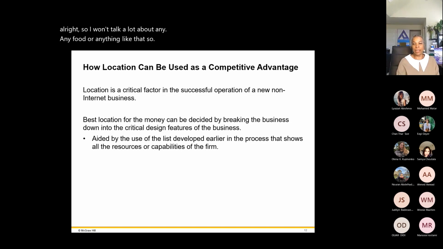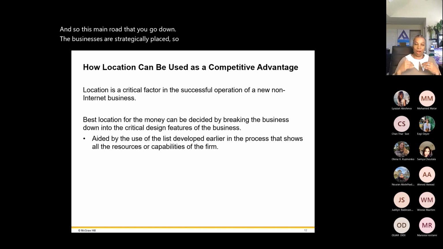Location. If you're a non-internet business, that means you're not a virtual business, you're a brick and mortar business, then location is critical. One of the things I noticed about my neighborhood, in one direction, I'm about 20 minutes from the interstate, the highway. On this main road, the businesses are strategically placed.